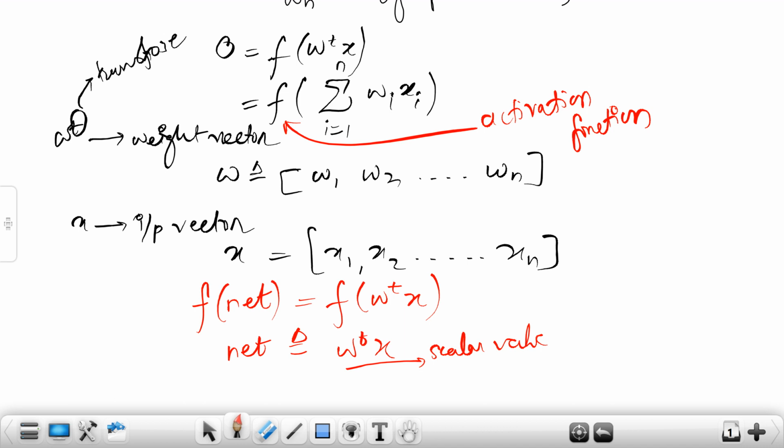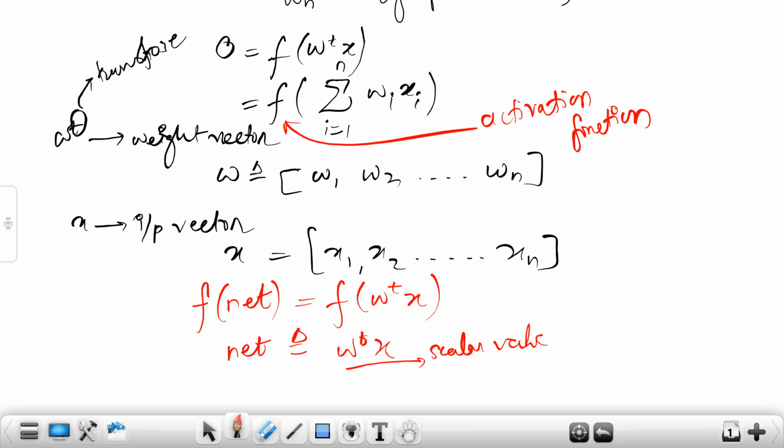The argument of the activation function, the variable net, is basically analogous to the membrane potential of biological neurons. We have also talked about membrane potential in the previous biological neurons, how it activates. We are trying to replicate that with this kind of activation function in the artificial neural network.